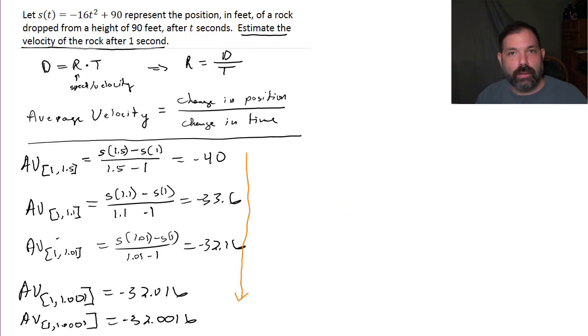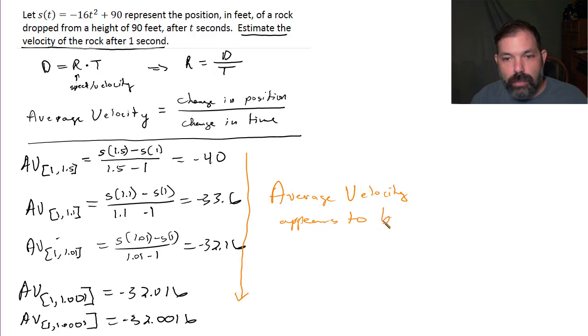What's happening here? What's happening to the average velocity? The average velocity, right, over these smaller and smaller intervals, appears to be approaching negative 32.